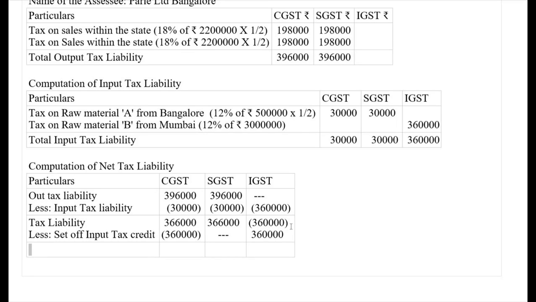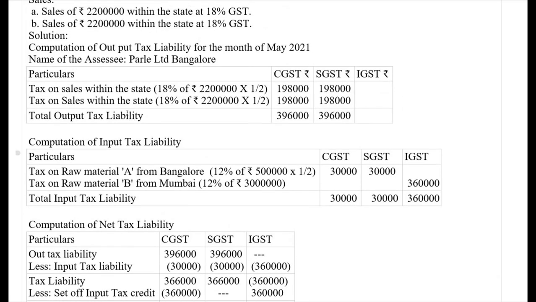So when we take the difference here, the net GST liability will be rupees, here it is 6,000 he has to pay CGST, and whereas he has to pay 3,66,000 as SGST, but in case of IGST nothing is there here.